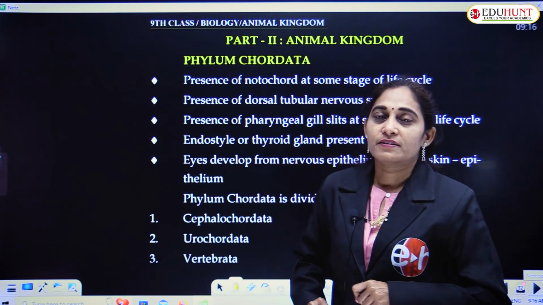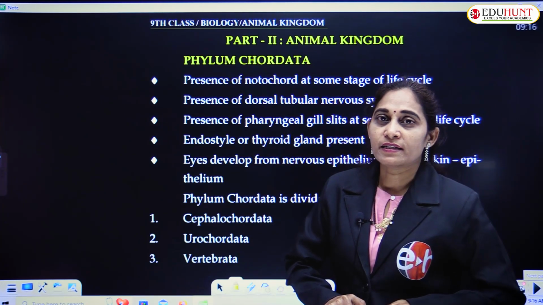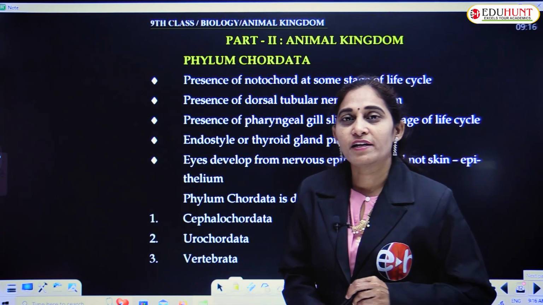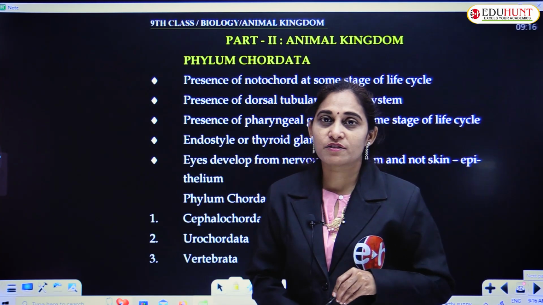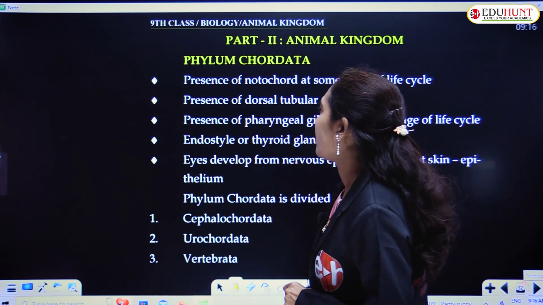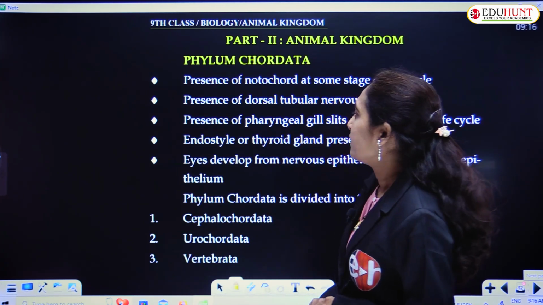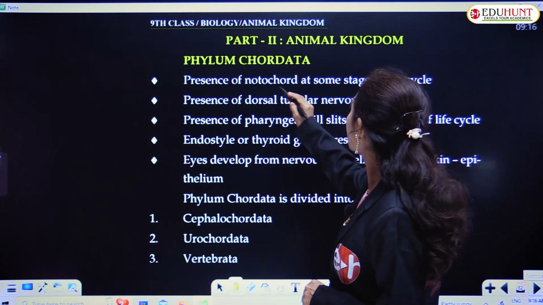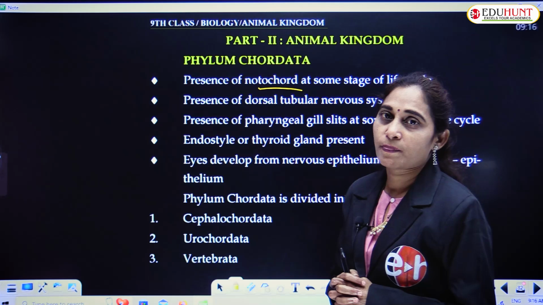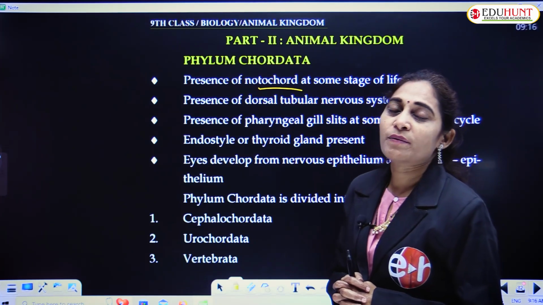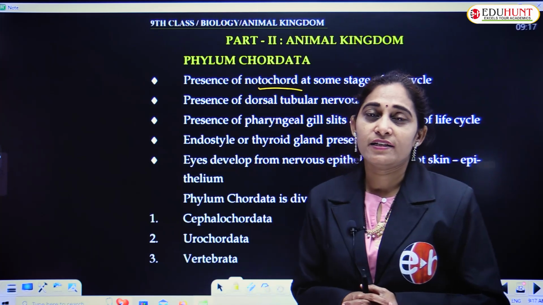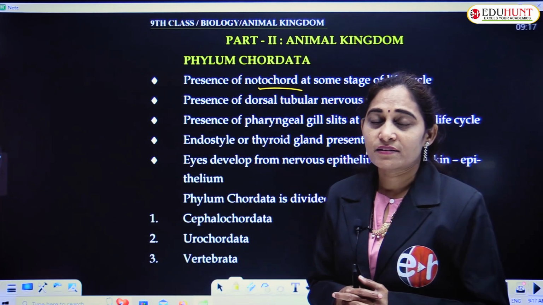Let's start part 2 of the animal kingdom today, which includes only a single major phylum, that is Chordata. Let's see the general features of the phylum Chordata. They have a notochord at some stage of their development. At least some of them have it in the larval stage, and some in adults.